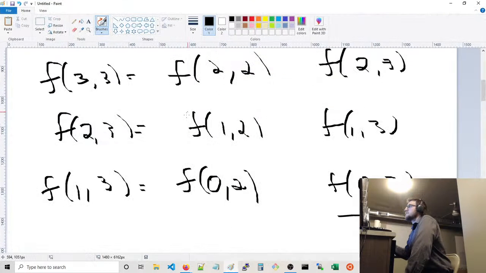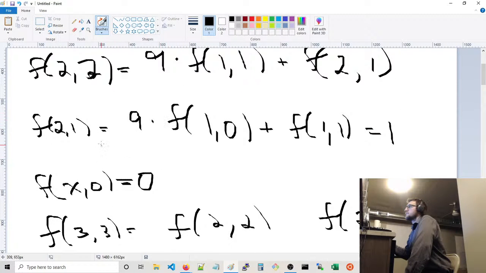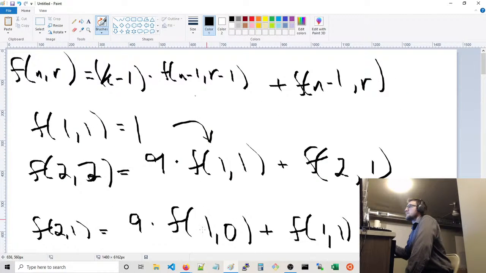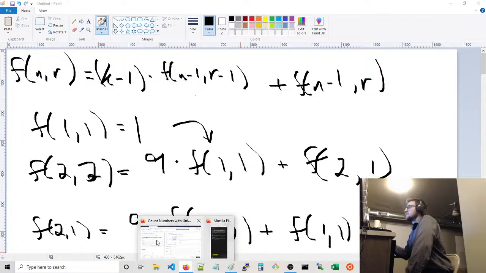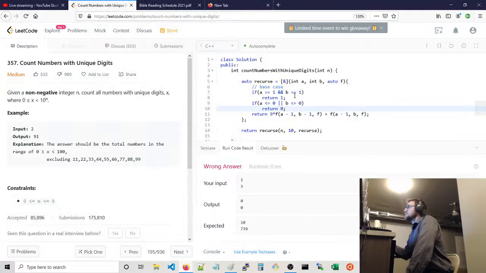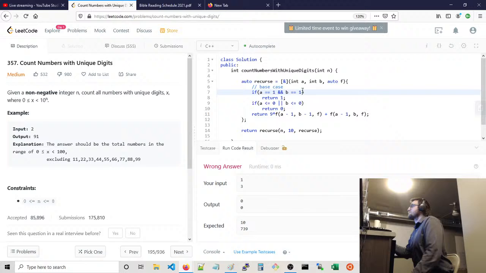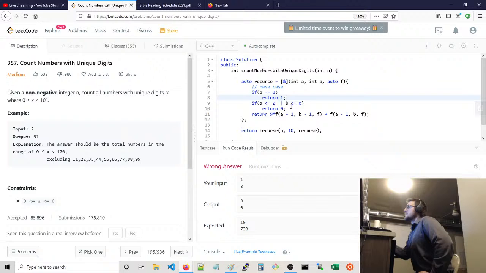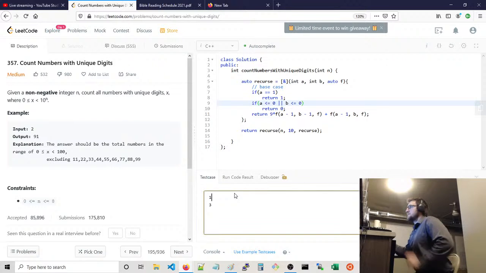Why do I think I made a mistake actually? It should be 1 and anything. Not 1 and 1. That was a mistake. Doesn't matter what B is if A is 1. And then if either of these are 0, return 0, right?